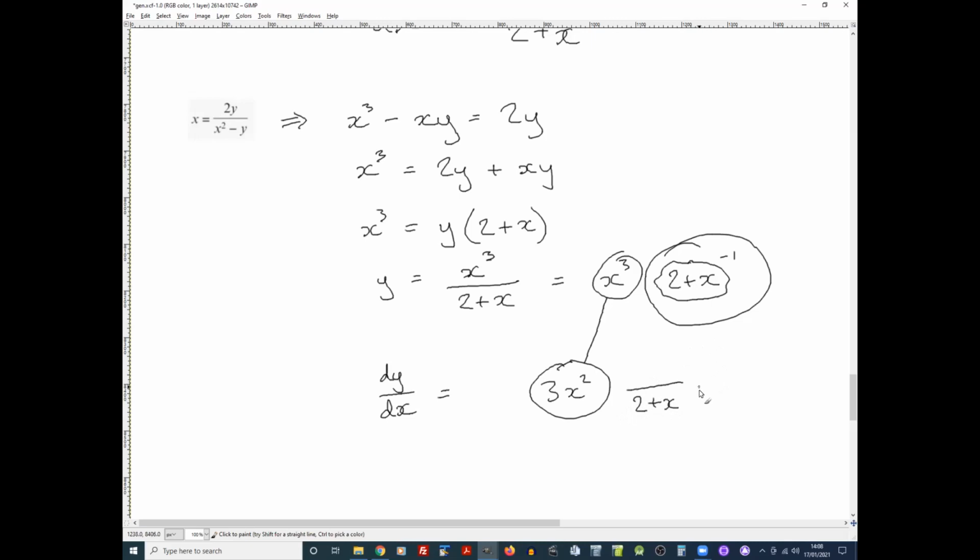Because we've got an inkling of what's coming. We're going to want a common denominator of 2 plus x to one higher power, 2 in this case. So we can write 2 plus x instead, can't we? Yeah.